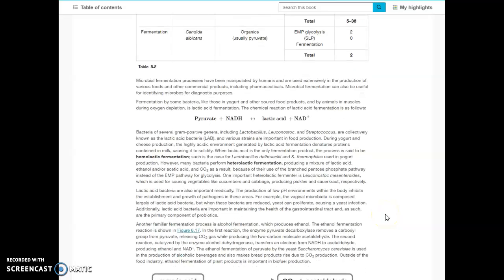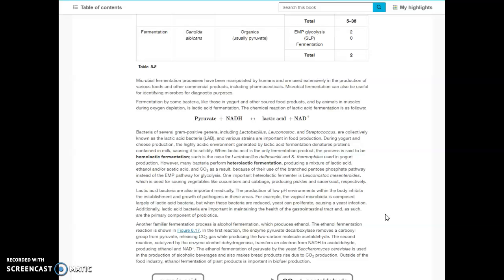So in some species, they produce lactic acid. So our lactobacillus, which is the primary bacterium that we find in yogurt, produces lactic acid as a result of fermentation. And so this is a beneficial process because we eat those products. We eat the yogurt, we eat the sour cream.